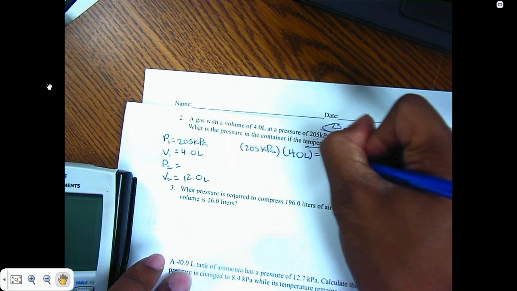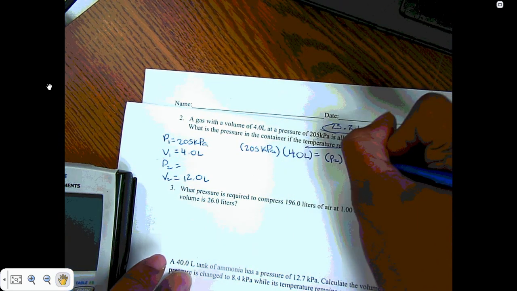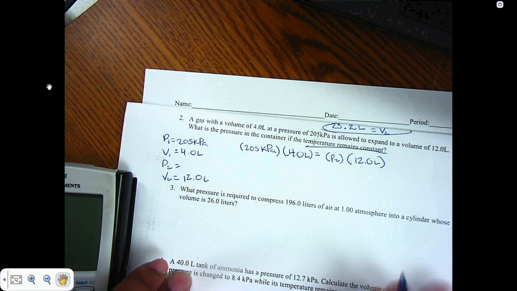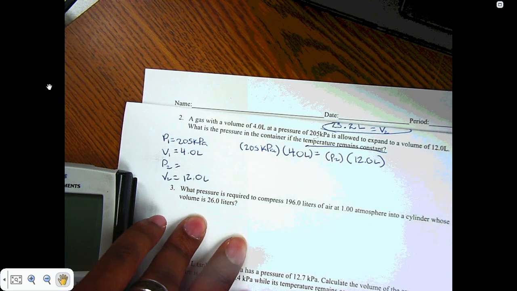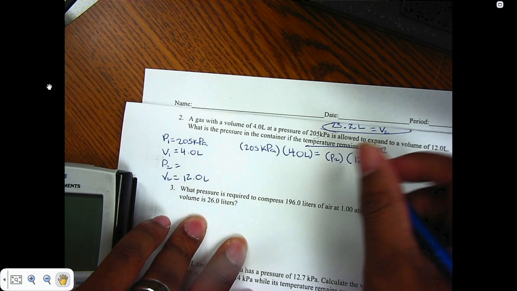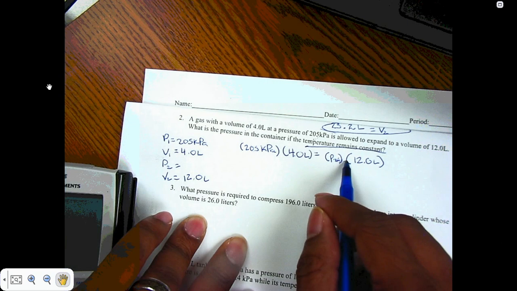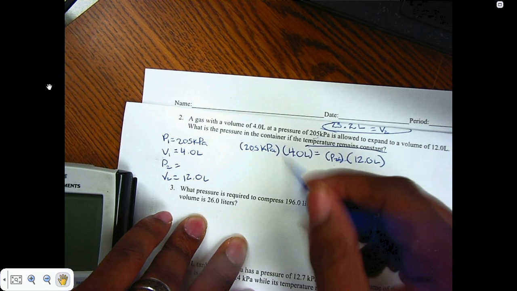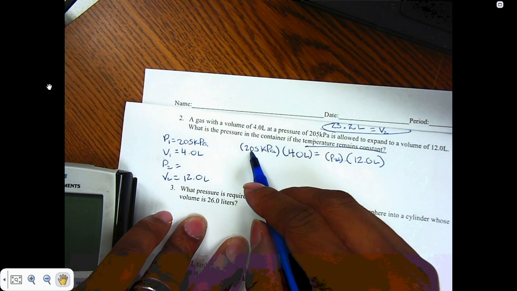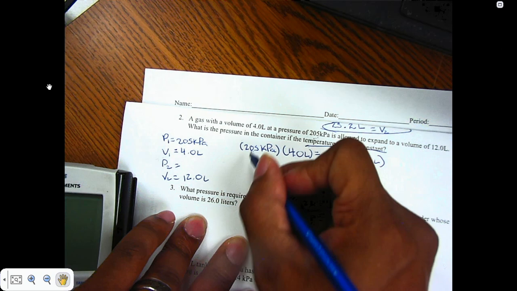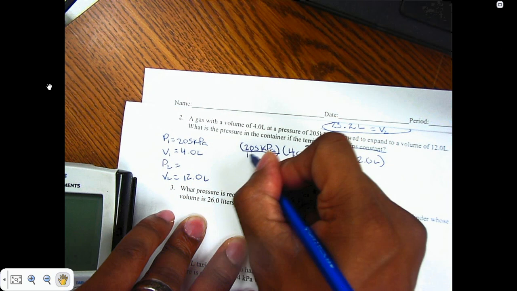Our P2 remains unknown at the moment, and our V2 is 12 liters. So then we're going to go ahead and solve. We can actually keep this guy in kPa because the answer we're going to get is going to be in kPa. If we wanted to, we could actually convert this to ATMs. For consistency's sake, I can go ahead and express how that would look in ATMs.